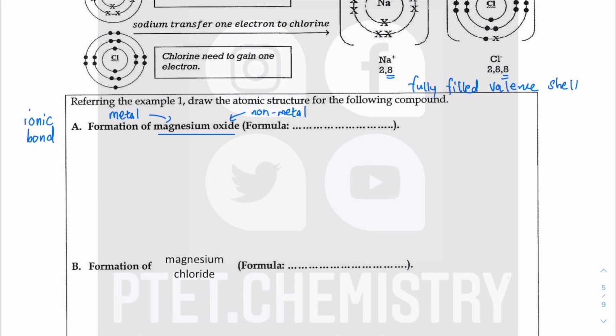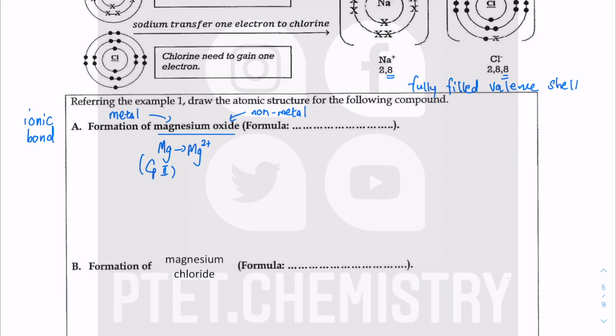If you go back to your definition of ionic bond, it's the electrostatic force of attraction between oppositely charged ions, so between cations and anions. The magnesium metal will lose electrons, so Mg will lose electrons and you get Mg2+. Because it's a group 2 metal, it loses the 2 valence electrons to form Mg2+.